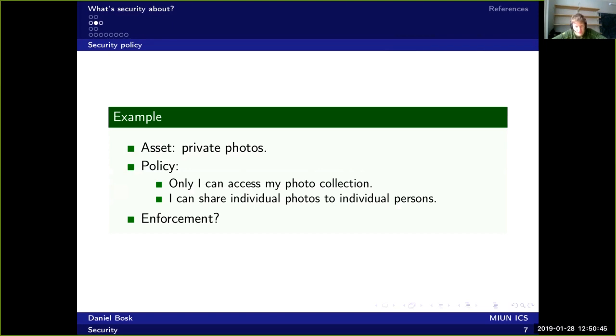And then this system will basically control all your photos, and it will see who tries to access them and check who that person is and allow that person to view it if it's you, or if it's one of the persons with whom you've shared the particular photo they are requesting.